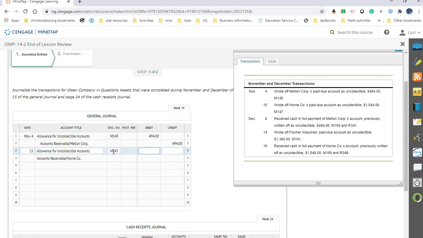The amount we're going to write off of their account is $15.48.